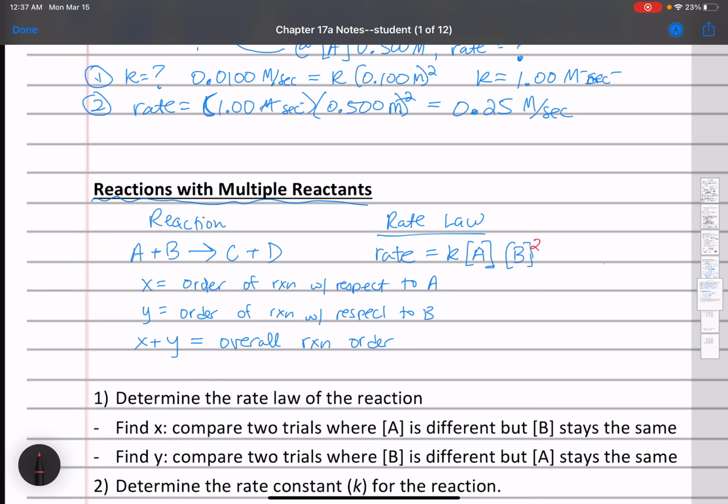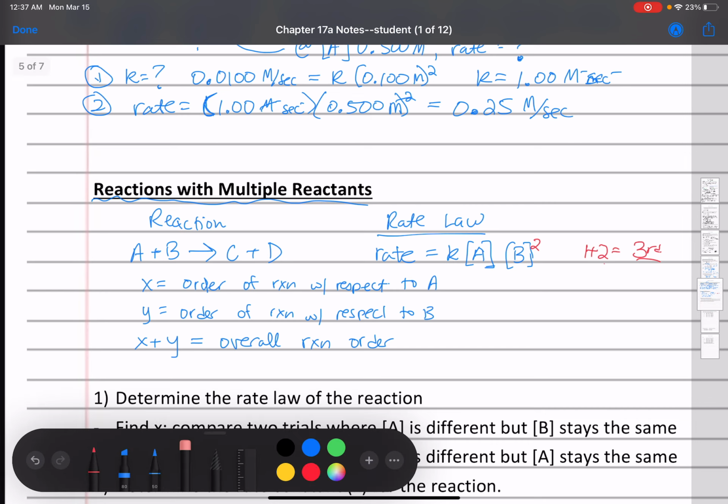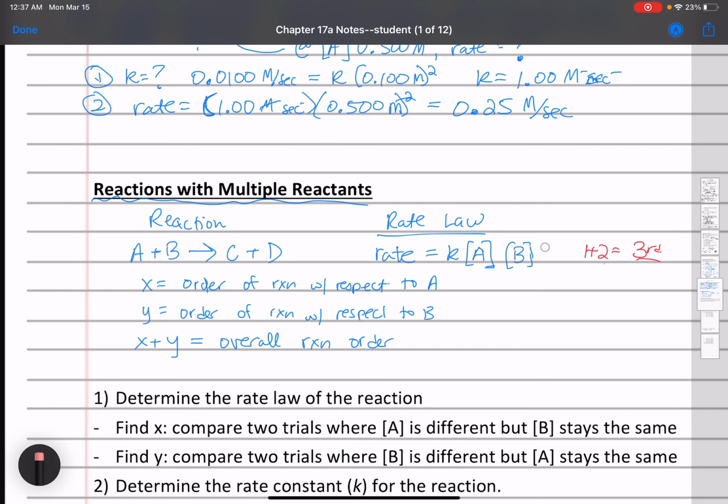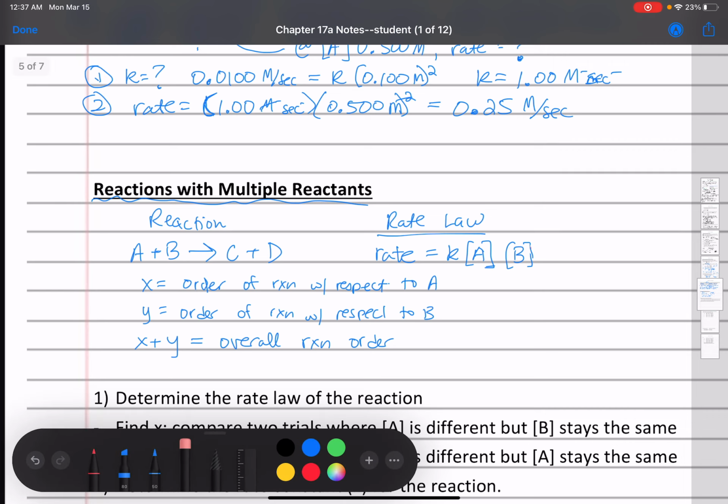It'd be first order with respect to A and second order with respect to B, and it would overall be a third order reaction. So those are some simple concept check questions, where you could be given a rate law and then asked, what's the overall reaction order?